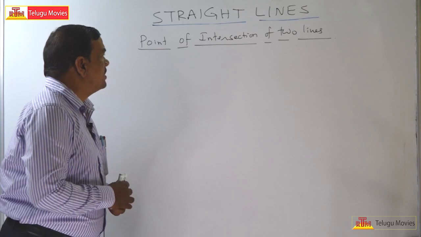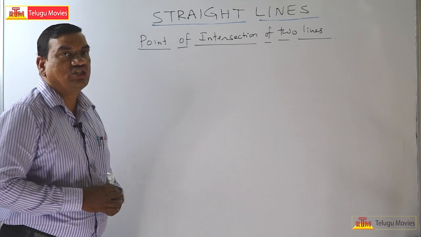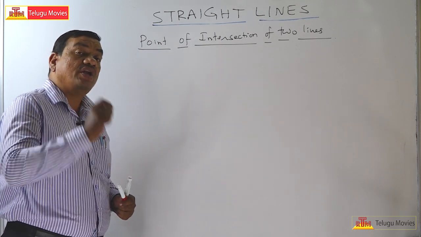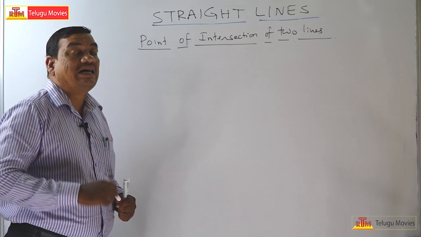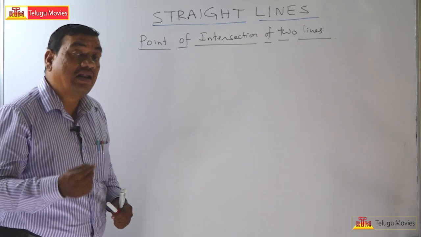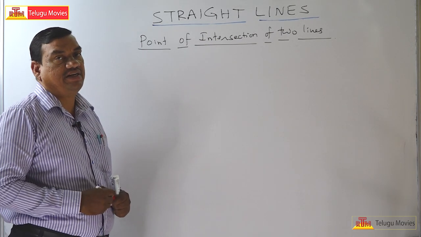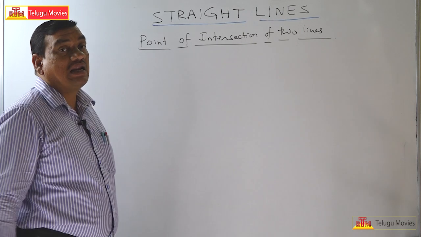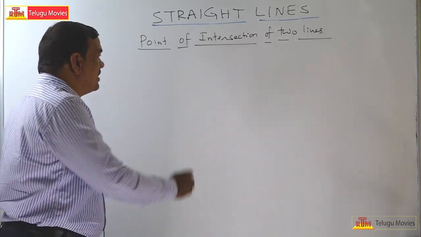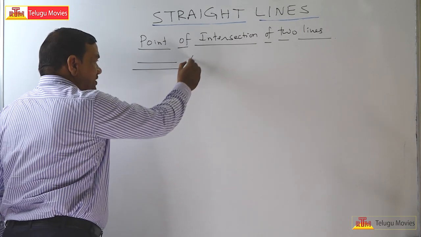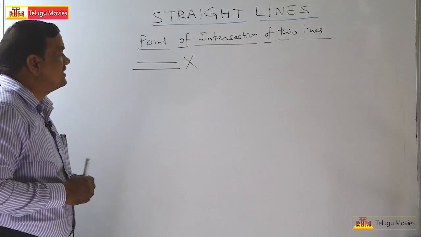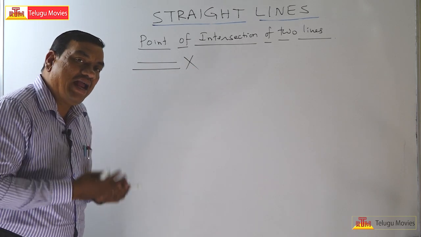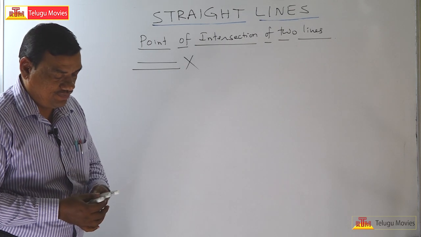So, dear students, let us see the point of intersection of two lines. If two lines are neither parallel nor coincident, that means you should not take this condition. If two lines are parallel, there won't be any point of intersection.